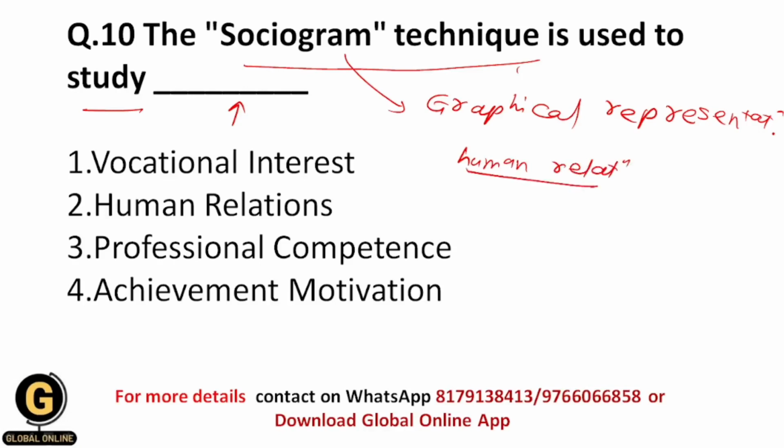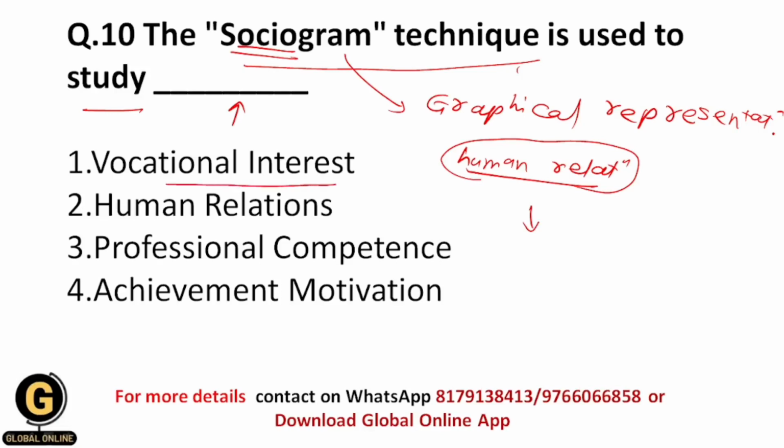Just see the word sociogram: socio means it should be related to social beings or human beings. So it is a graphical representation of human relation, and it gives us social links formed by one particular person as well as social links formed by different persons.